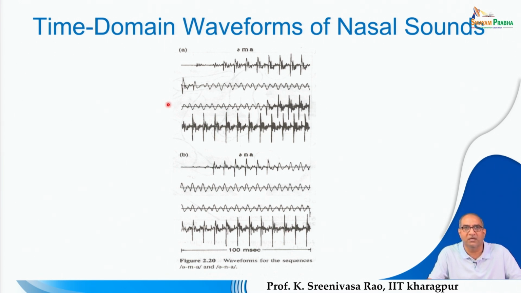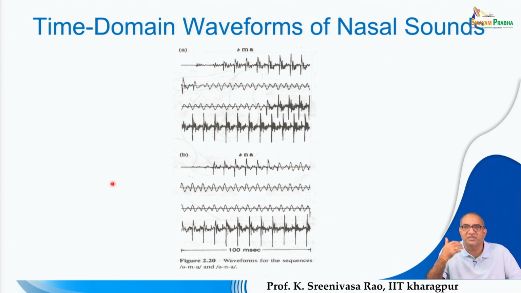Now after the semi-vowels, the next group of sound units that we are going to discuss is the nasal sounds, and you know how the nasal sounds are produced. We discussed this when we were discussing speech production. Nasal sounds are produced during the exhalation process, and for their production the vocal folds will vibrate.